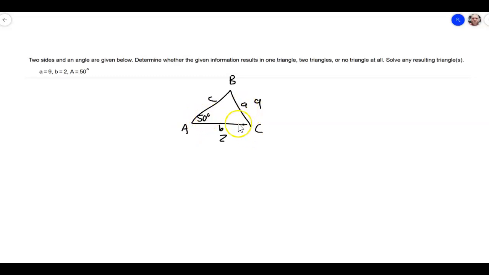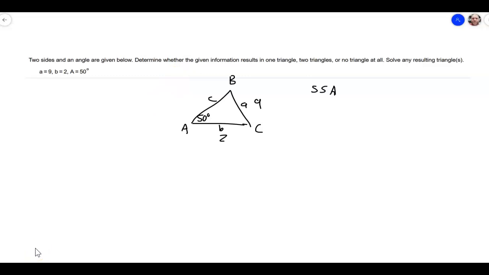All right, so we have a side and then an angle. The angle is not between our two sides. So what we have is a side-side-angle triangle. Now, side-side-angle is one of the ambiguous cases. Why? Because this is a weird case.